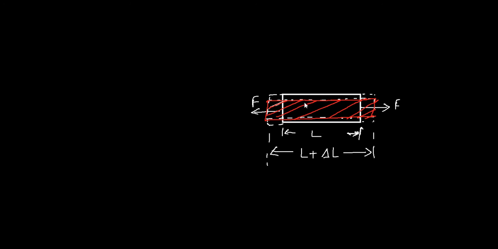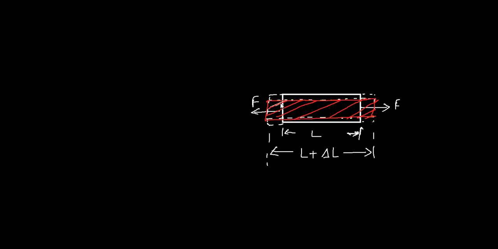Initially it was this, and because the length extended, there is a strain or a deformation on another axis to compensate for the increase in dimension along one axis. These deformations are greatly exaggerated just for illustration purposes.